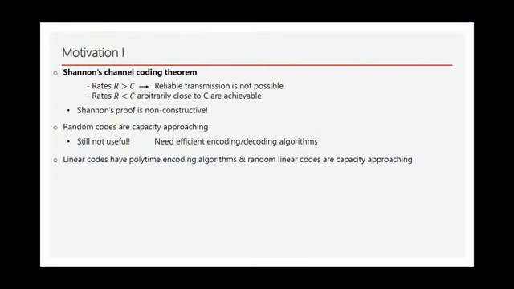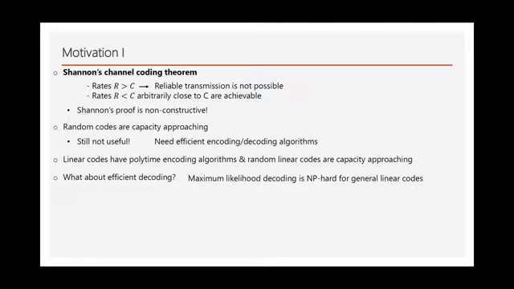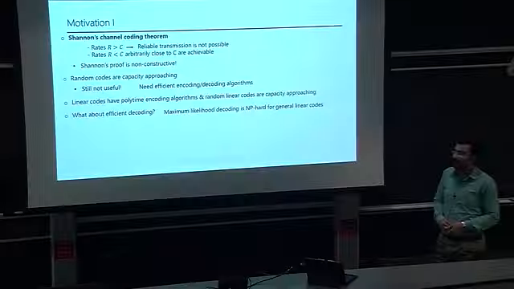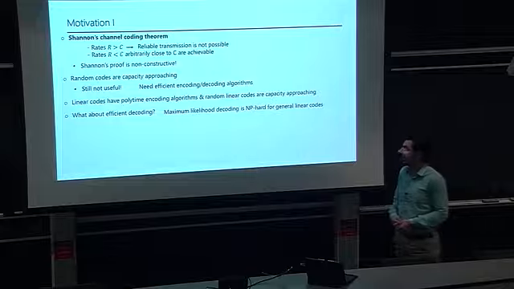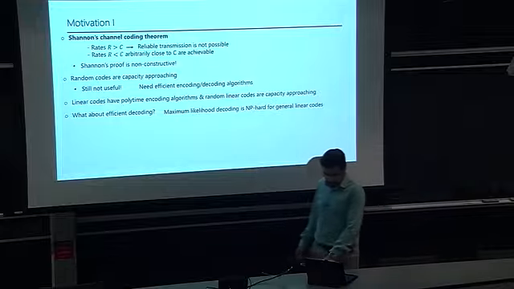And in fact, the same argument shows that random linear codes are capacity approaching. But what about the efficiency of decoding? As was explained in the earlier talk, maximum likelihood decoding is NP hard for general linear codes.